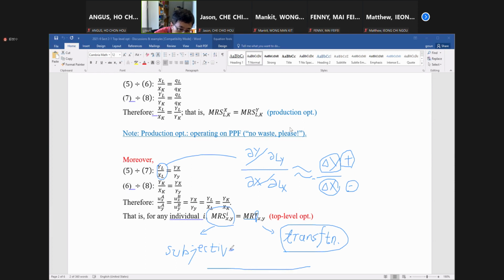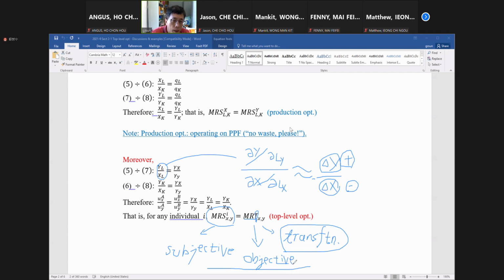And this one is technical, or sometimes you can understand it as objective. And in Chinese, sometimes we call this one 主观, this one 客观. So-called subjective basically means, sorry, it's so hard to write it.